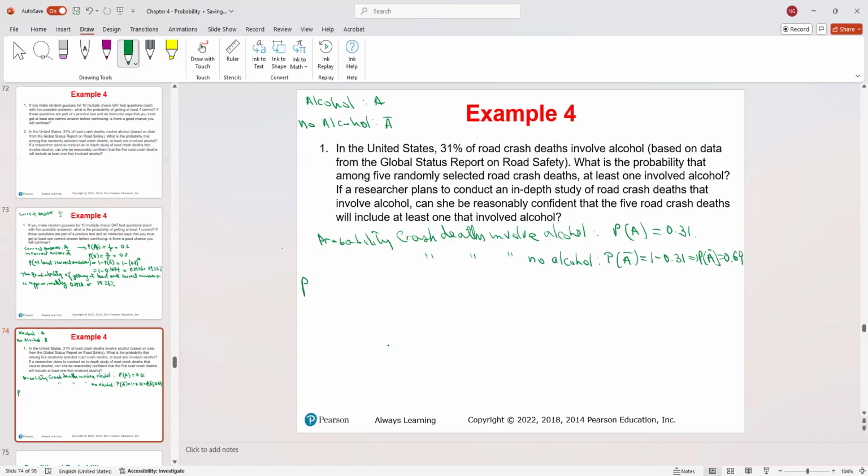If we use the complement rule, we can go very easy on the probability of at least one.